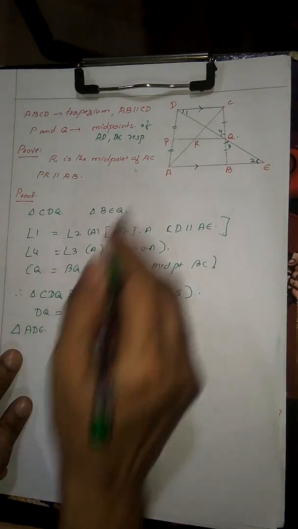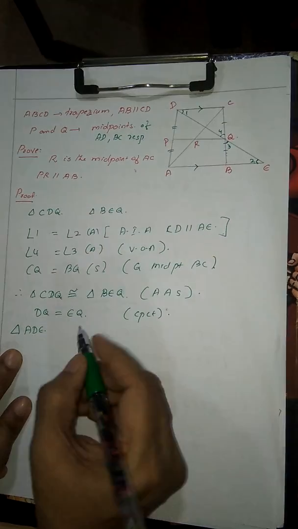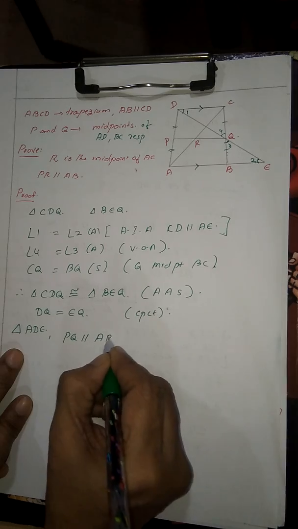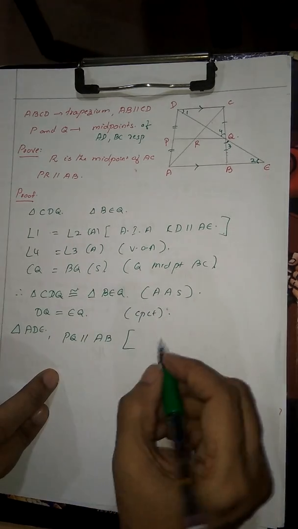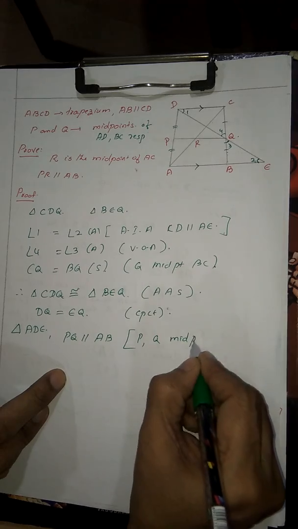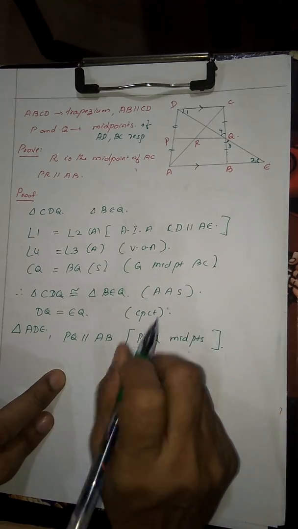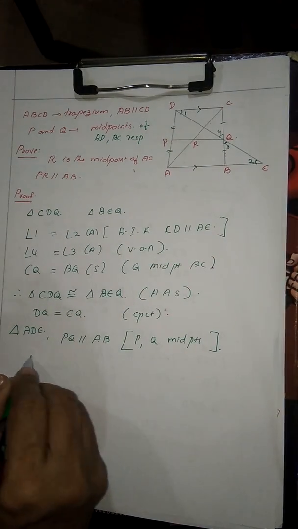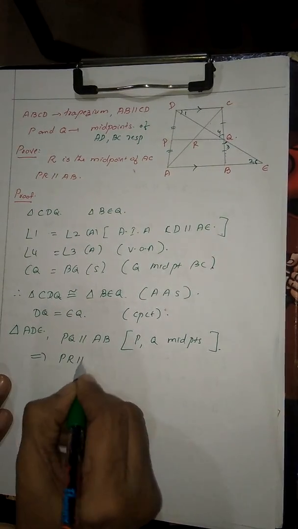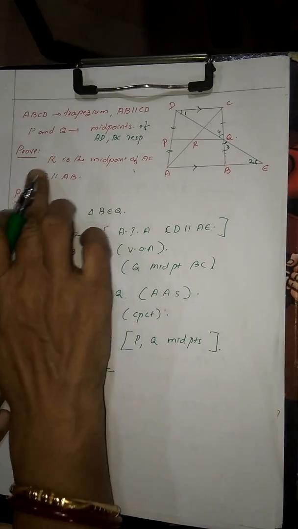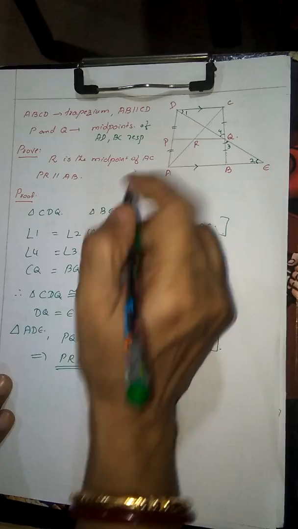So therefore you can say PQ is parallel to AB. The reason is P and Q are midpoints. So we can say PR is parallel to AB. So we have proved one thing.